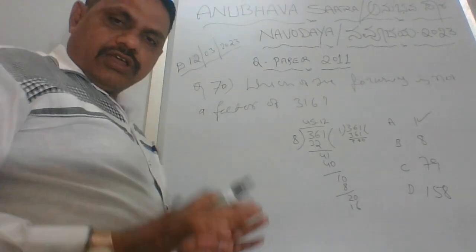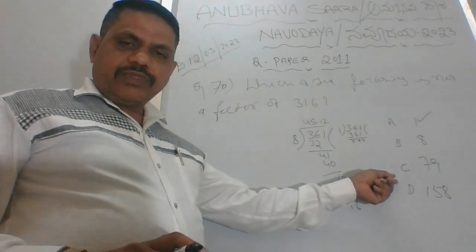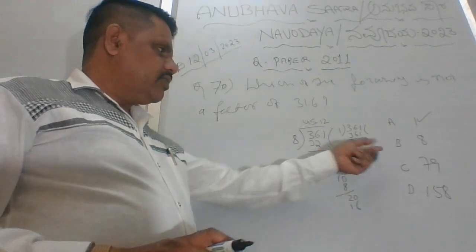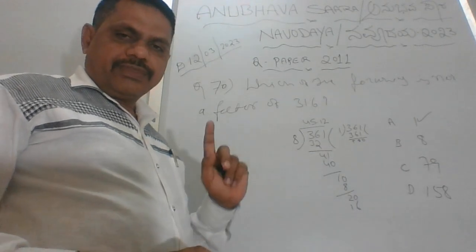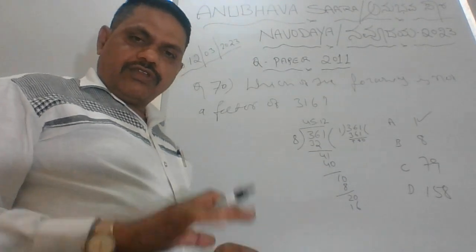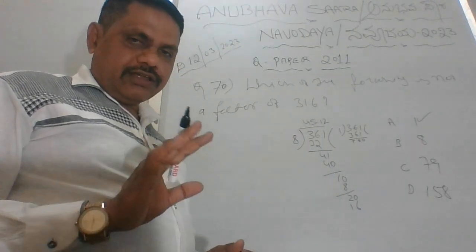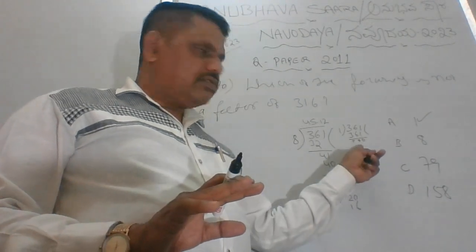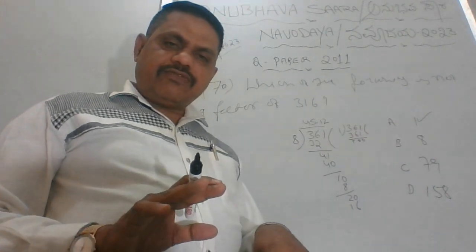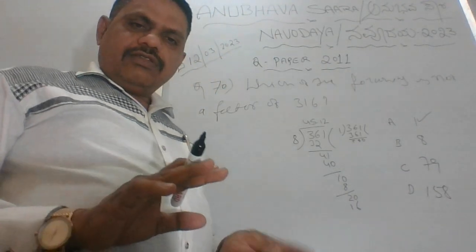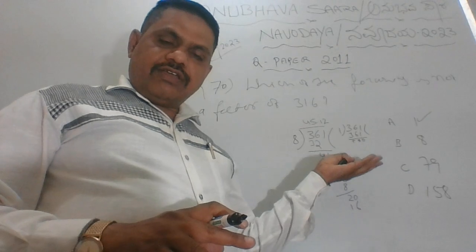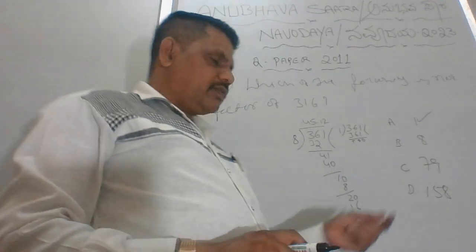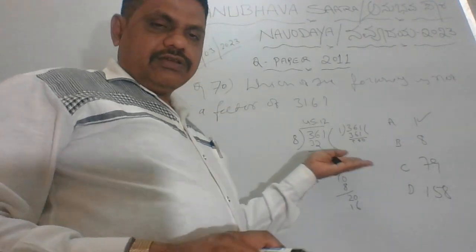Let us not come to the conclusion yet. We'll see the other two. If they divide clearly without remainder, then we can finalize B. That's what we have to do. We should not conclude at the initial stage without clarity. That is mathematics. We should have clarity. How did we get 1? 1 can divide any number, which is why we call 1 an odd number, or fractions, what we learned.